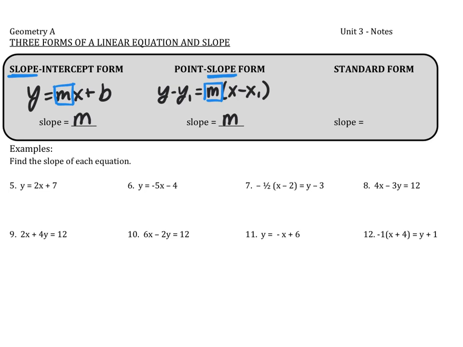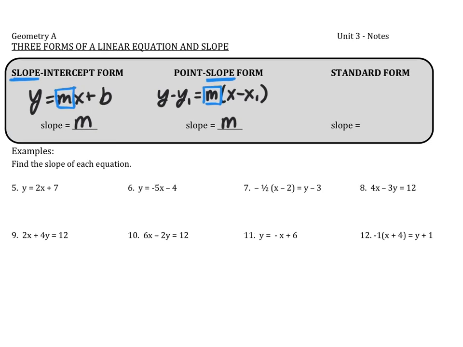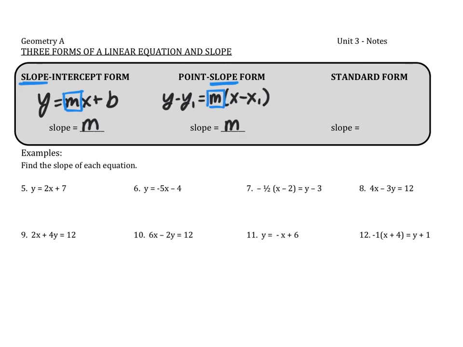Our last form of an equation of a line is standard form. This does not have the word slope in the name, so we have to do a little bit more work to find the slope of this line. Standard form is ax plus by equals c.